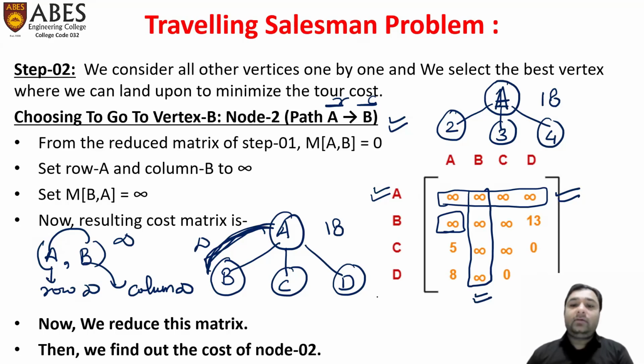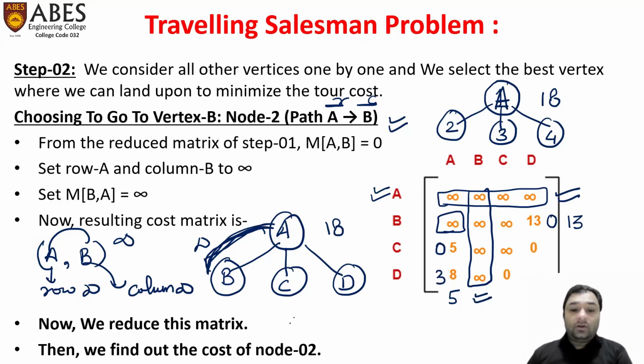After doing this, what will be the cost? Now we will perform a row reduction on this. Row reduction, 13 minus. If we do row reduction, we will get 0 here, then 0, then 0, then 0, then 0. Then we will do column reduction. We will get 0 and 3 here.